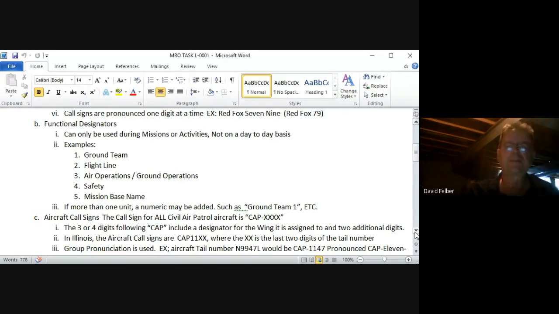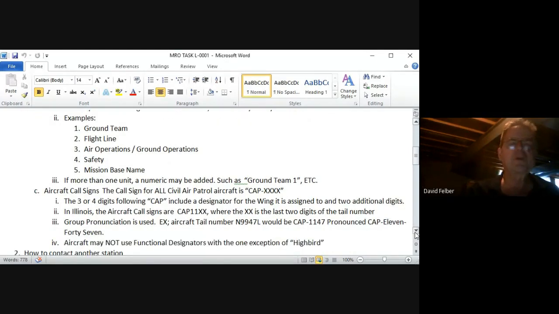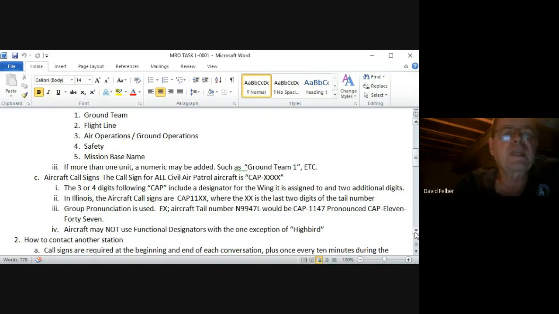Aircraft. You'll have the opportunity as a radio operator to communicate with one of our aircraft. The call sign for all Civil Air Patrol aircraft is CAP. Now be careful, just a few years ago, it was CAP Flight, and a lot of people are used to using that still. Now it is just CAP, followed by 3 or 4 digits.